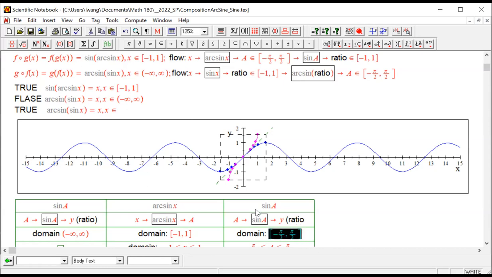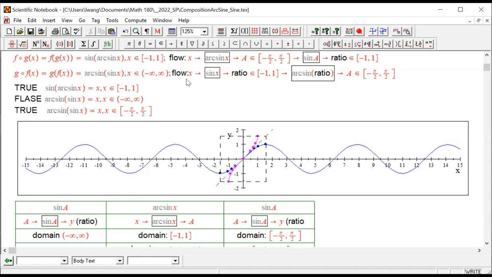In other words, if the x is from here. This is because when we have this assumption, we are referring to this sine, and this sine and arc sine are inverse to each other. That's why this piece is true.